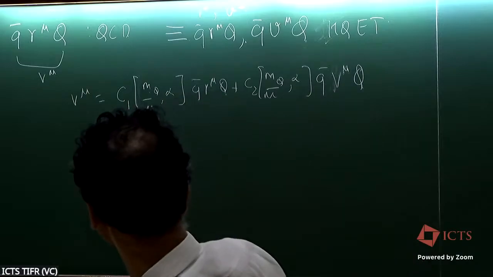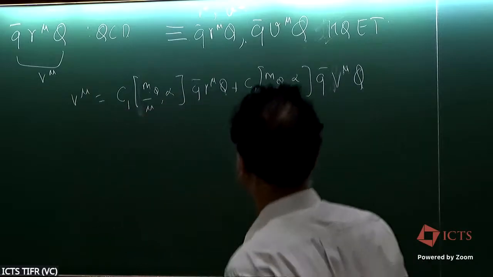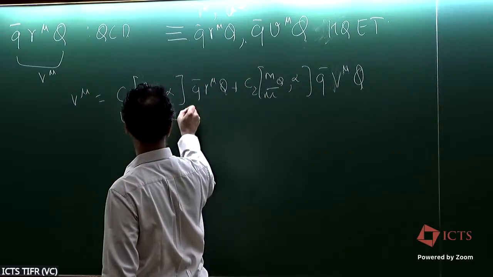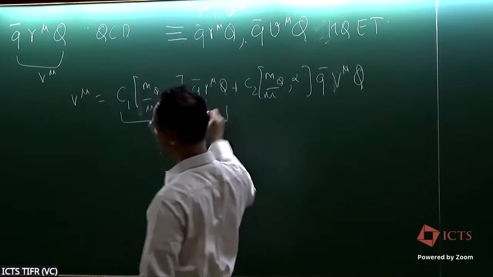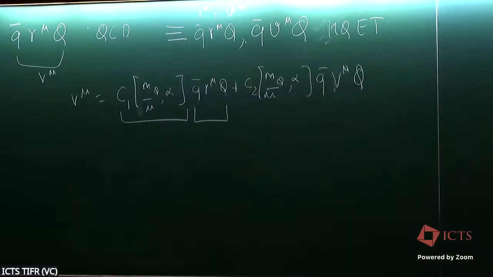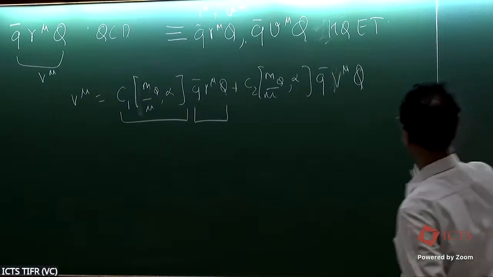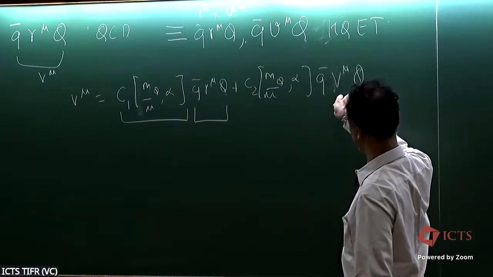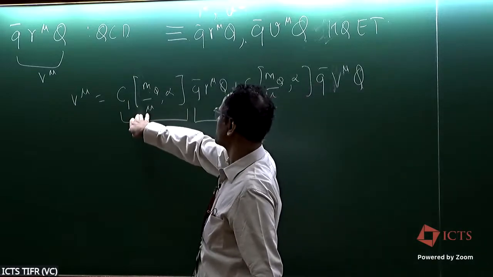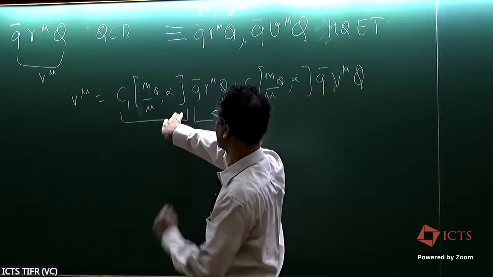Okay, so I've introduced many symbols here, but these are kind of familiar to you since you've looked at EFTs for some time now. So in HQET, of course, there are these operators Q bar V mu Q and Q bar gamma mu Q. And now these can have specific Wilson coefficients.